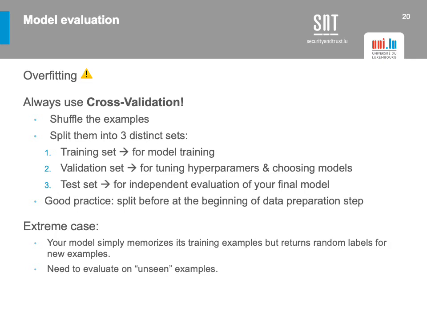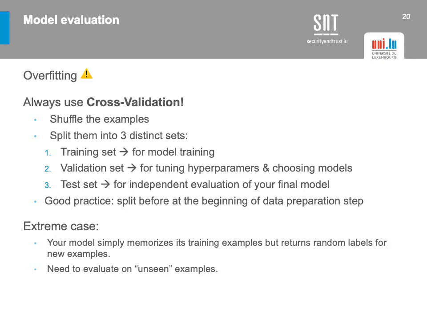This is also why we said at the beginning that it's important to remove duplicates in the data. Once you split your data into the 3 distinct sets, you don't want a duplicated example to be in both sets, because you will not have a good estimate of your model. So this gives a good estimate of your performance.